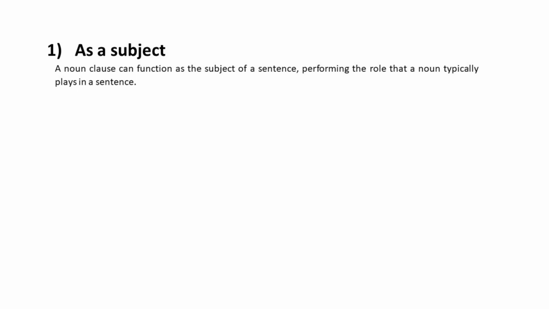A noun clause as a subject. A noun clause can function as the subject of a sentence, performing the role that a noun typically plays in a sentence. Let's see the example. That he arrived early pleased the team. Now let's analyze this sentence.